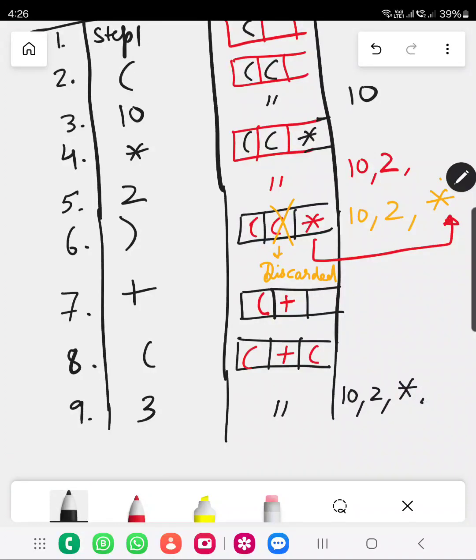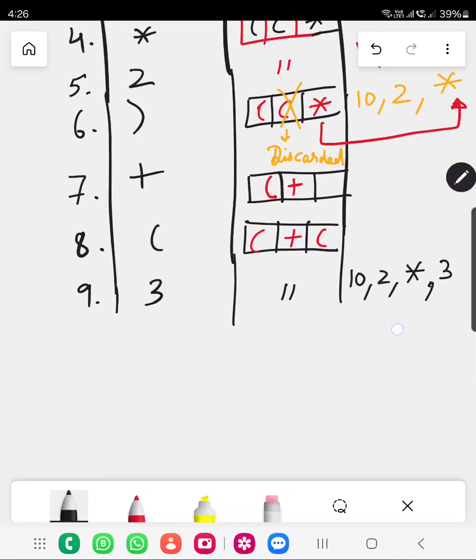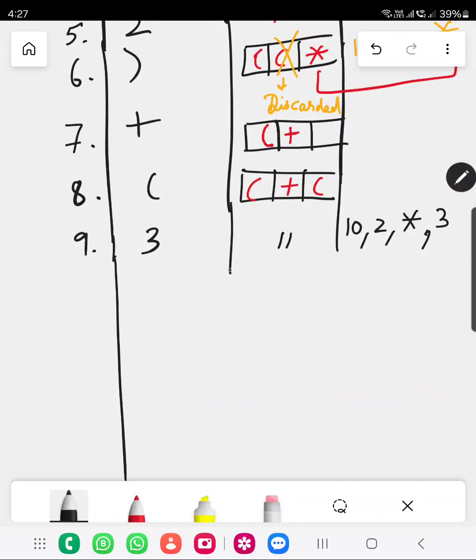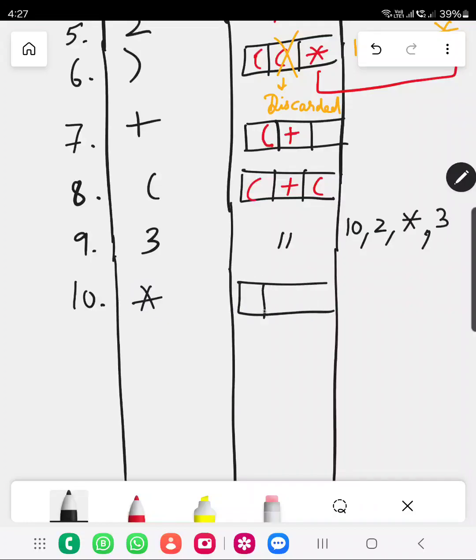All right, and 3. After 3 we have multiply. So again we have the asterisk symbol, which is multiply. So multiply, and then we have this in the stack.